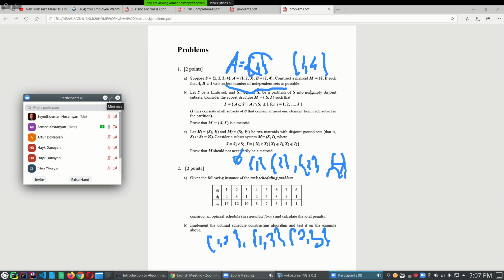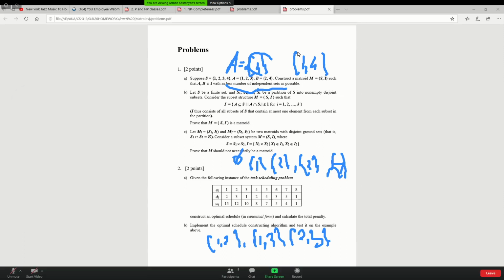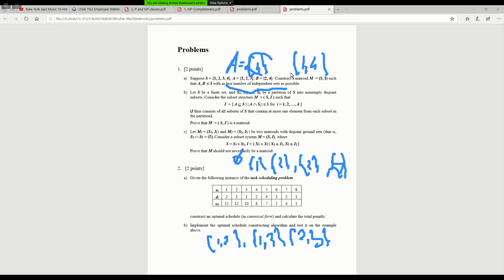Then we need to look at what else we have to add in our subset system. So we have {1,4}, and we have {1,2,3}. These are two subsets of different sizes. So {1,4} should be extended by adding either 2 or 3. And suppose we add 2, so we need to have also {1,4,2}.